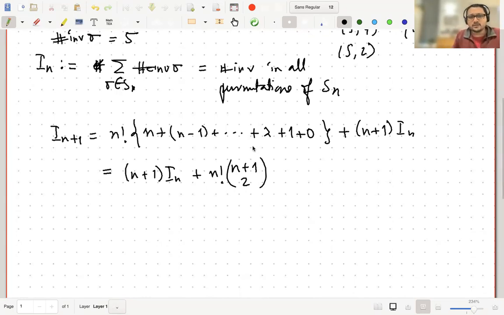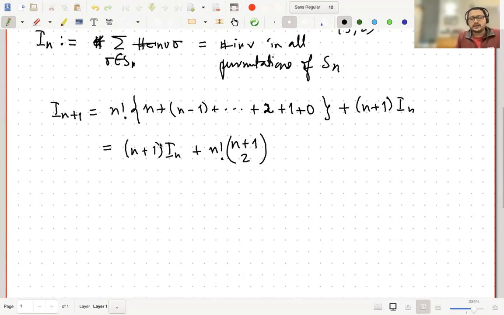There is a combinatorial way to look at this, how to find this inversion count and this recursion. Consider you have a permutation sigma on n letters, so I have sigma 1, sigma 2, and so on up to sigma n.